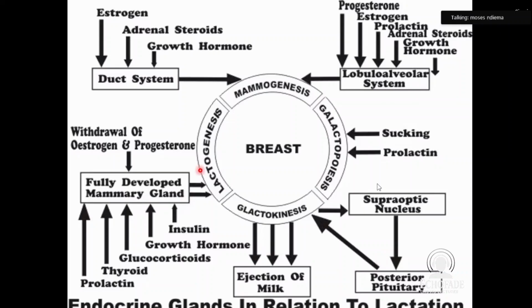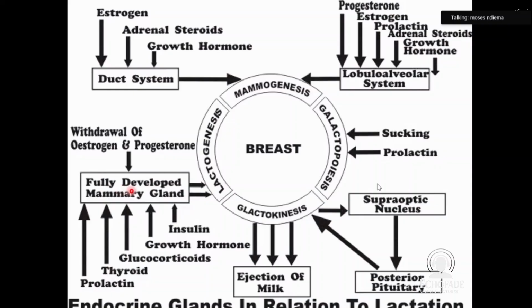And then maintenance of the mammary gland. Maintenance of the mammary gland is under the influence of prolactin. Prolactin is the main driver, but all these other hormones play a role in a fully developed mammary gland.